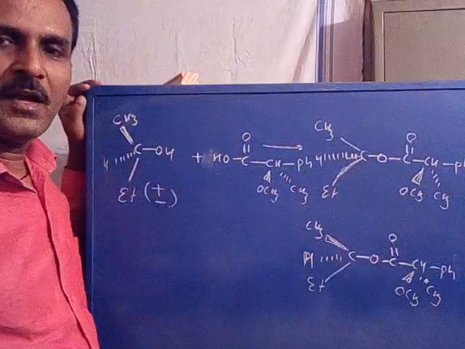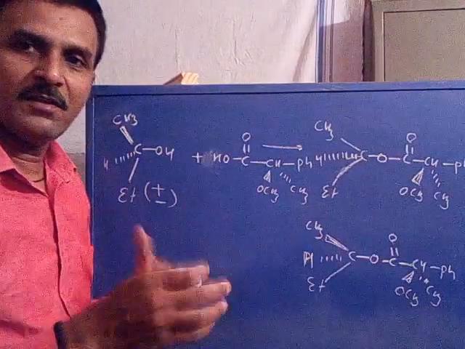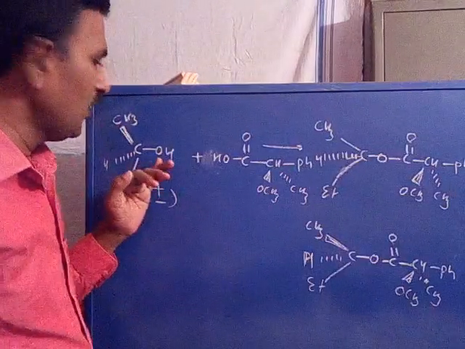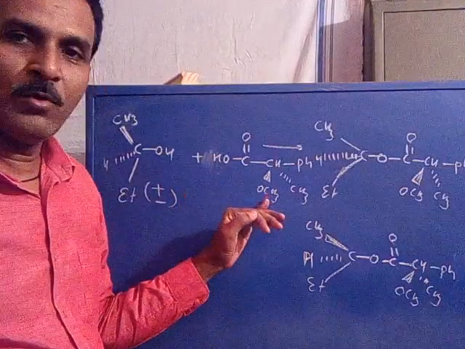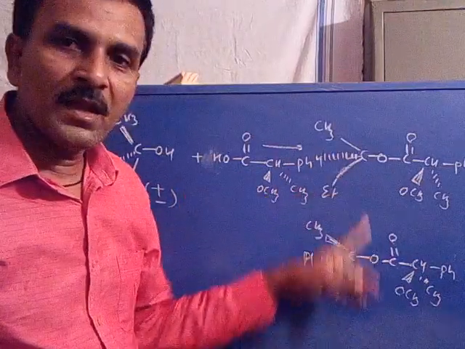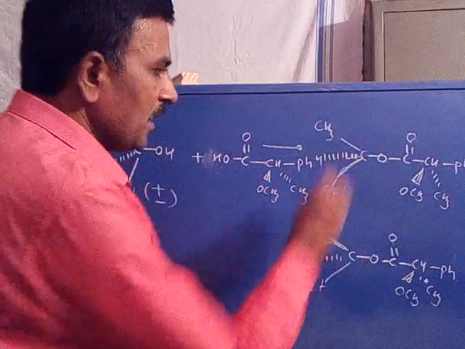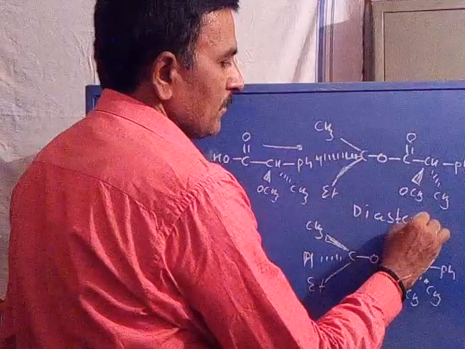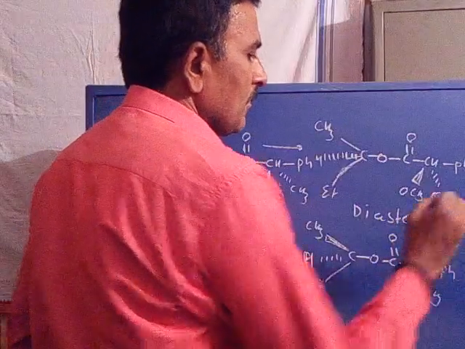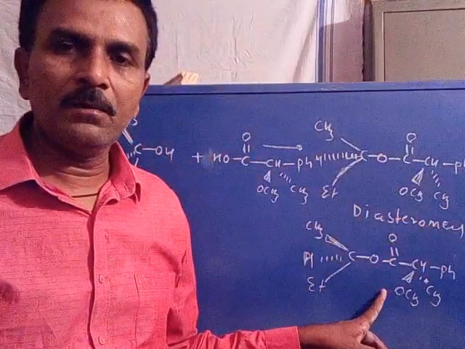Now these two are diastereomers, a simple esterification reaction, where alcohol reacts with the carboxylic acid group of Mosher's acid to form an ester. This is a diastereomeric mixture.